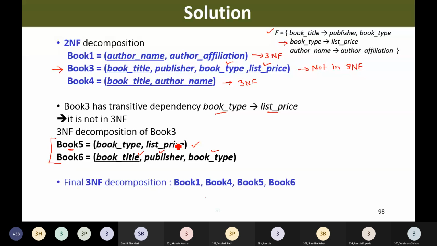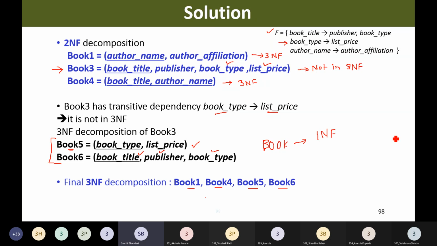So my final 3NF decomposition is book 1, book 4, book 5 and book 6. In the 3NF decomposition, we have 4 relations. We began with a single relation book, which was in 1NF.